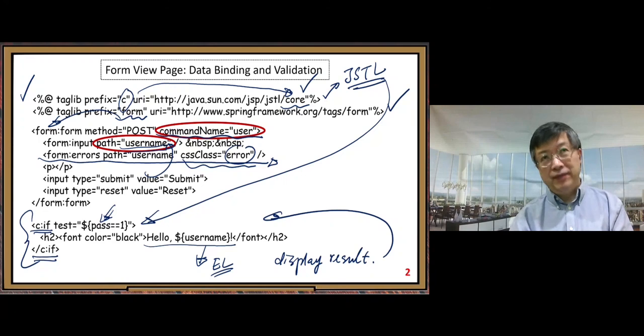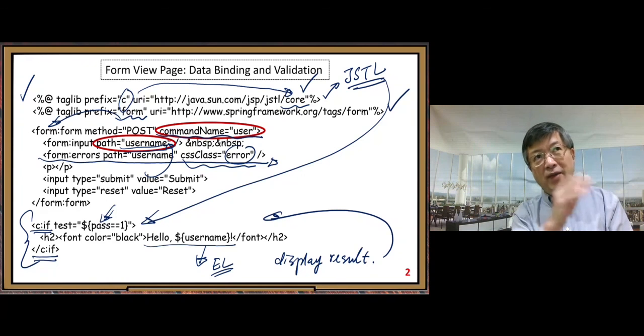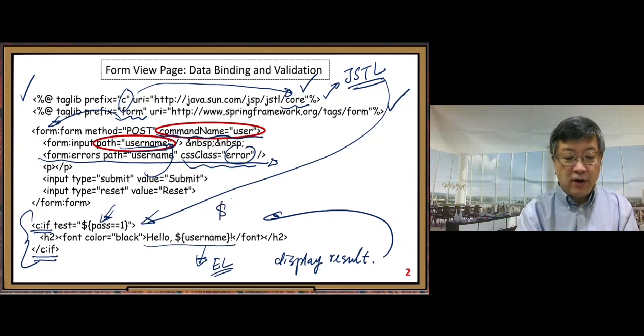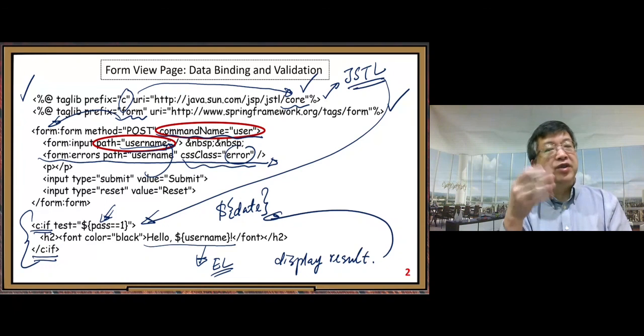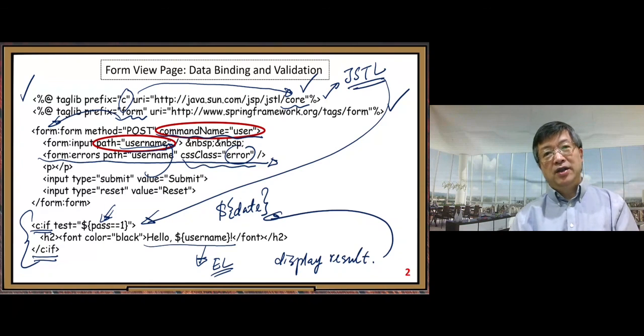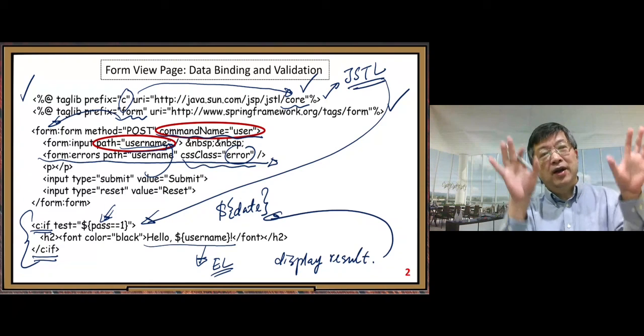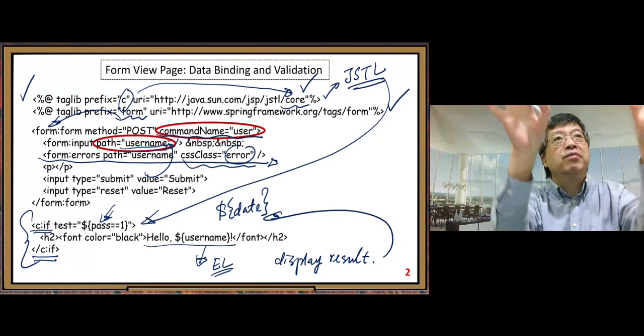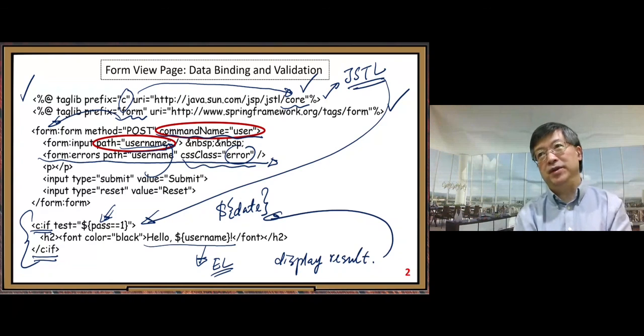We learned that last time. I talked about that last time. Hello Spring, we use ${date}, date information. Here, ${username}. So very simple. In this way, you get this whole project, the whole example.